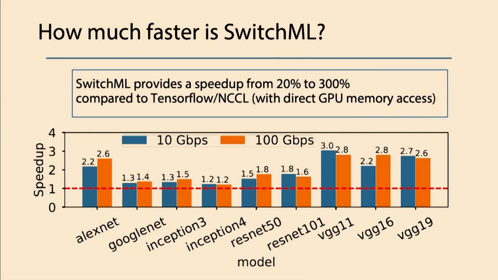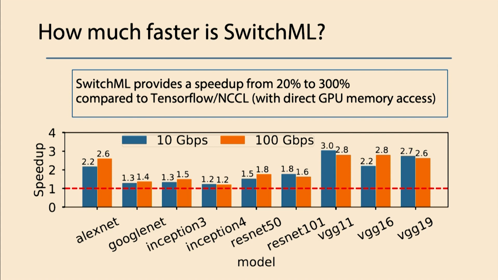So first, I'll show you our training performance relative to that baseline. I'm showing you the speed of training with SwitchML versus the speed of training with TensorFlow using NCCL communicating over TCP. For 9 different benchmarks on both 10 gigabit networks and 100 gigabit networks.